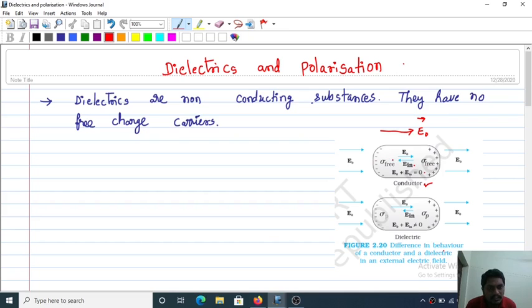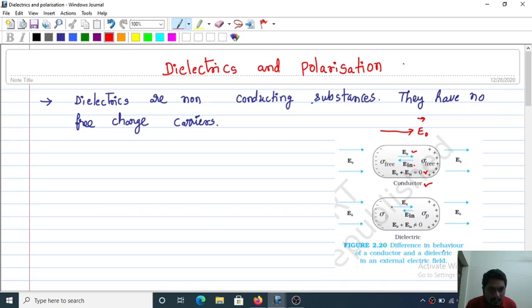Actually there are no charges in the absence of an electric field, but when an electric field is applied, charges are induced. This is called the induced electric field, which is towards the left, while the outside electric field is towards the right. Both have the same magnitude and opposite direction, so they cancel each other. Therefore the net electric field inside a conductor is 0.